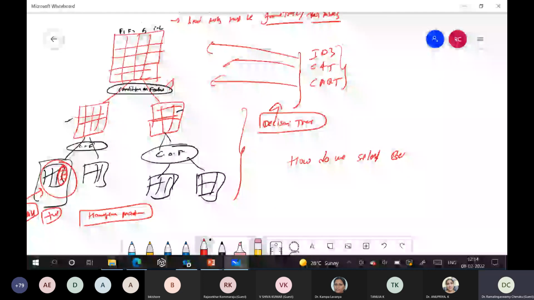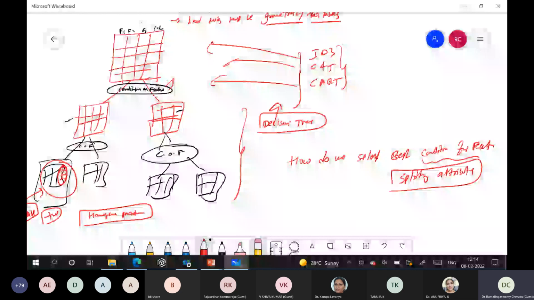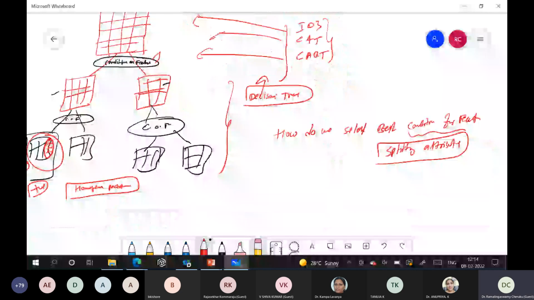How do we select the best condition for a feature? This is called the splitting attribute. So how do we select the best splitting attribute, the best feature for splitting?